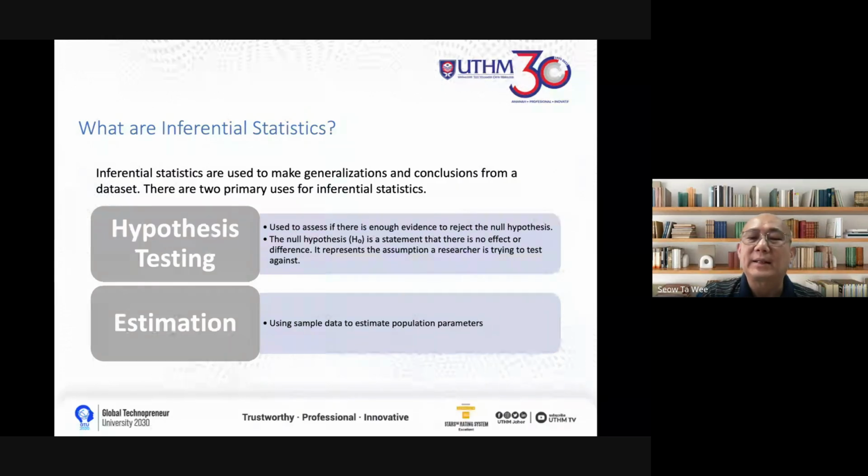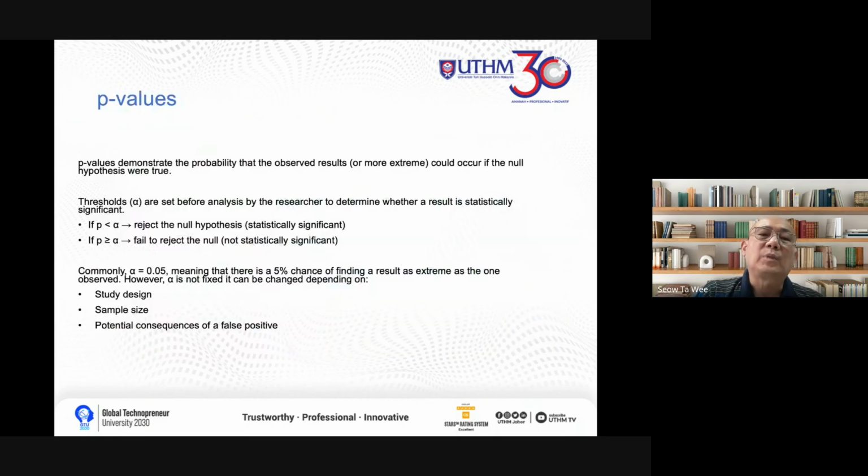Estimation uses the sample data to estimate the population parameter. Normally we have one standard, which is the p-value, where we refer to whether it is smaller or larger. The p-value is commonly set at 0.05.